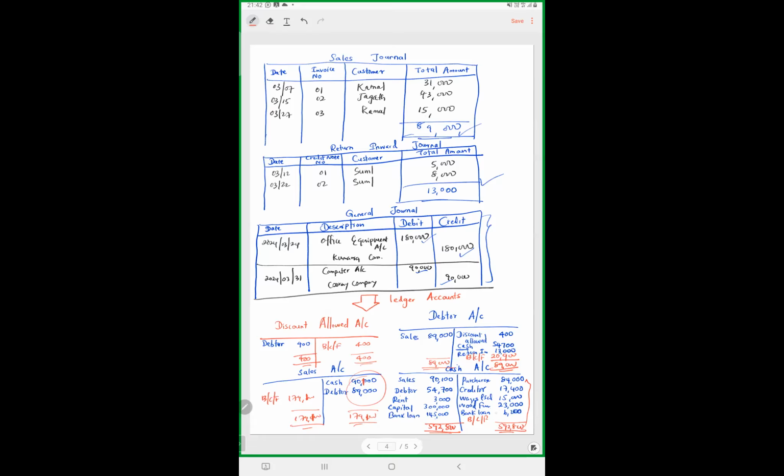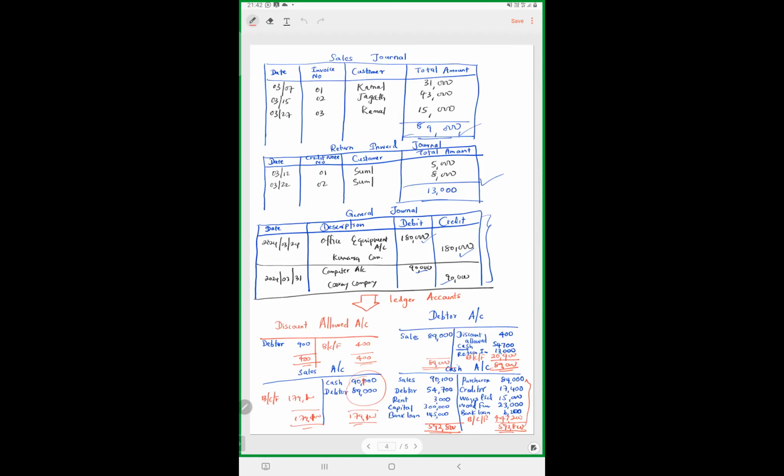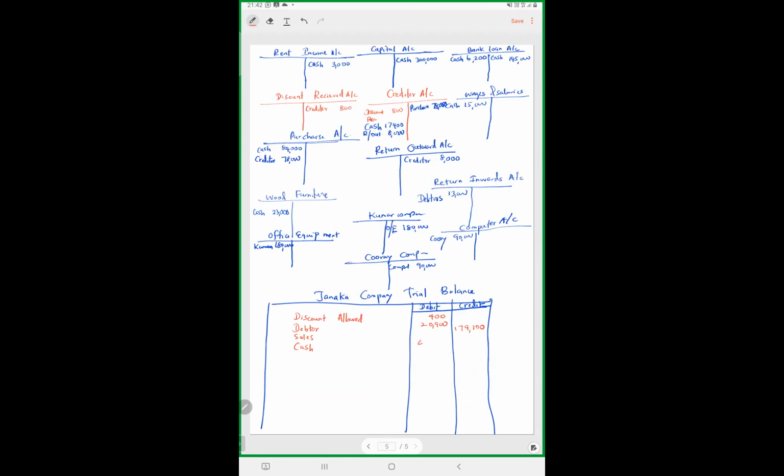So then you will receive the balance 447,200. Cash debit balance we have 447,200 cash.